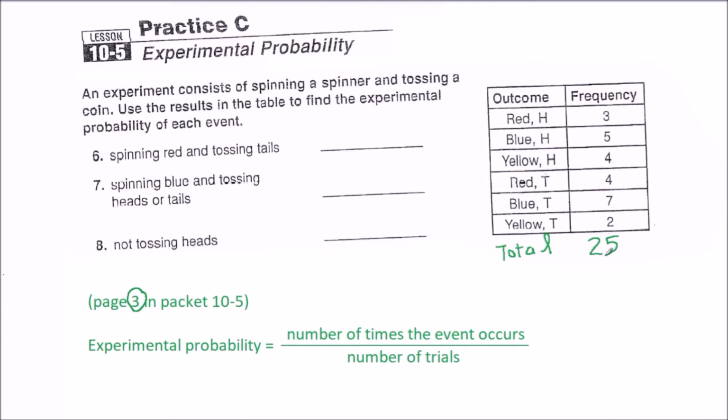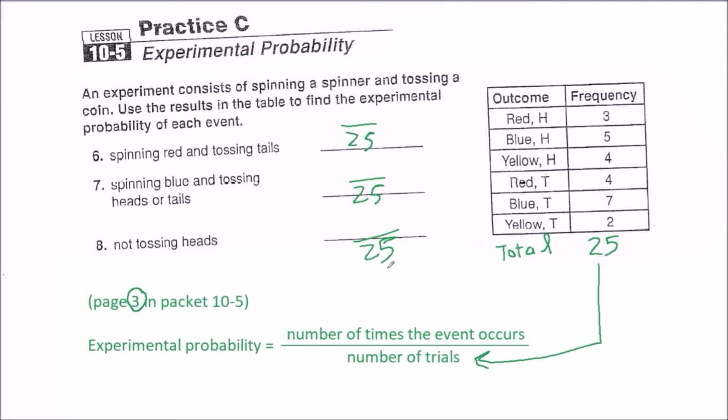Okay. So as I look for the experimental probability of each of these events, the total number of trials is going to be 25 for all of these. So every fraction, if I want, I can start with over 25. For every single one of these, because every single one is out of 25 trials, 25 total times. So not even looking at the question, I can start with all of these as out of 25.